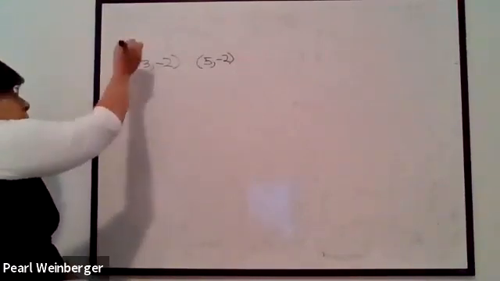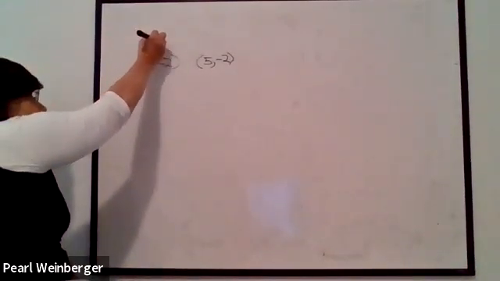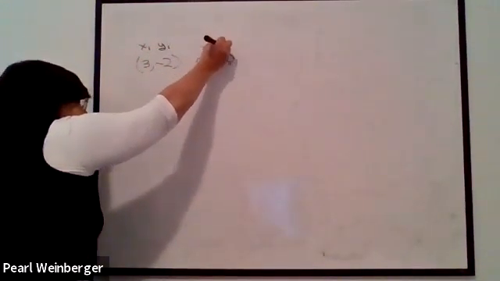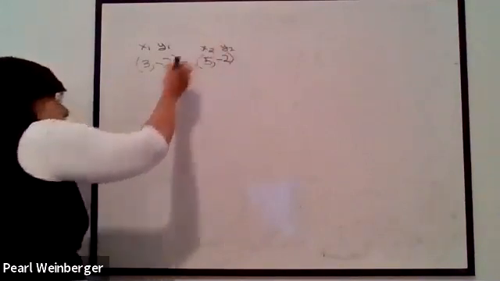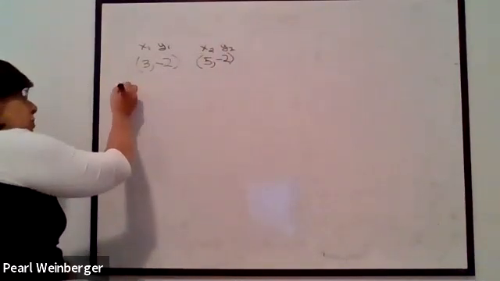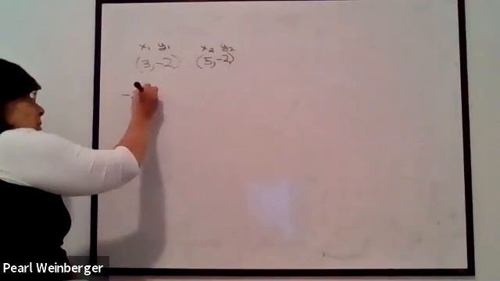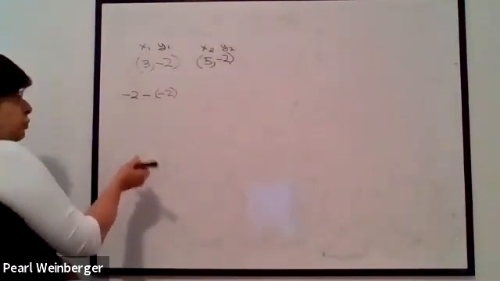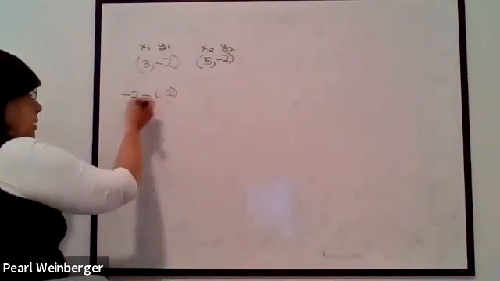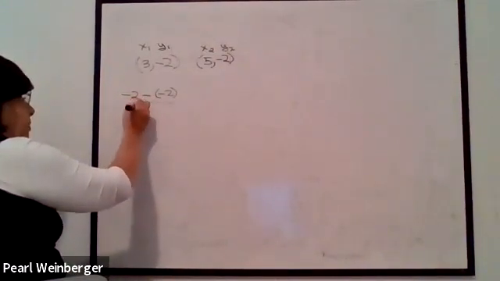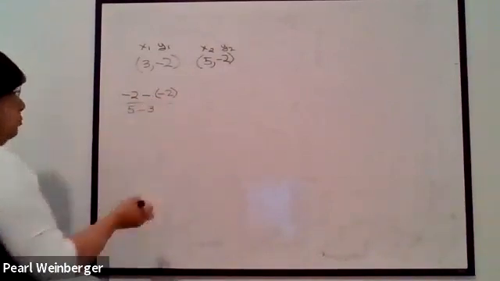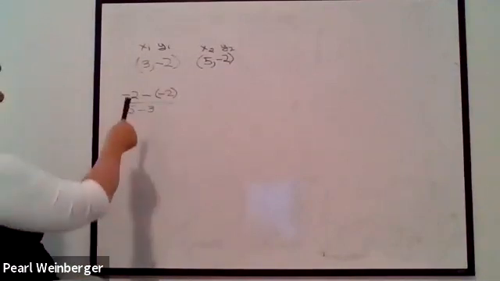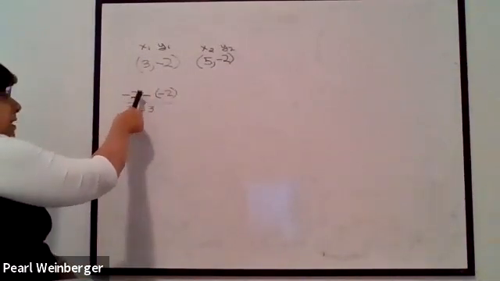If I use the slope formula to find the slope, look what happens. Remember, we do y2, which is -2, minus y1, which is another -2, over x2, which is 5, minus 3, which is x1. I stuck it into my slope formula. Again, I have this double negative, a negative and a negative.